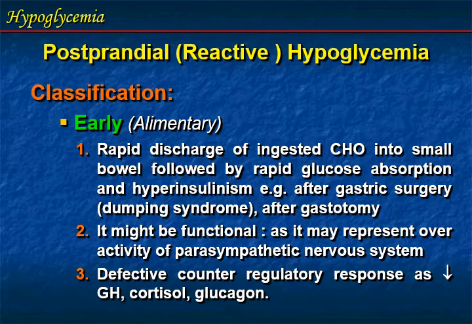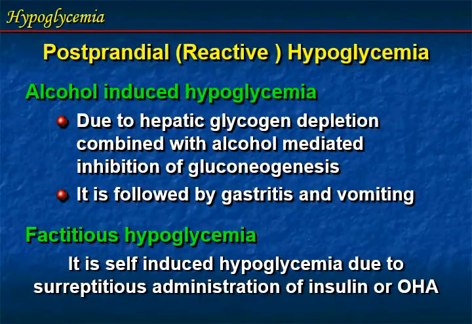So there will be an early hypoglycemia. And this situation is also accompanied by defective counter-regulatory hormones such as growth hormone, cortisol, and glucagon. This situation is called the dumping syndrome or post-gastrectomy or early alimentary postprandial hypoglycemia.